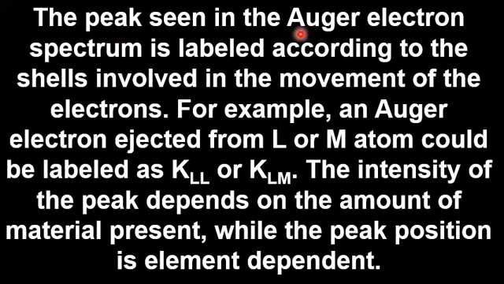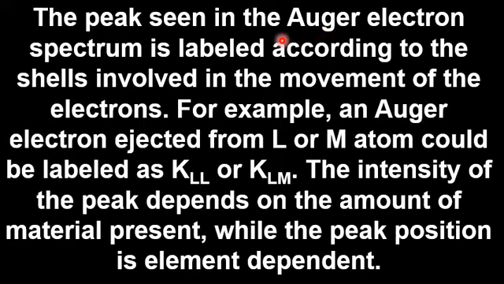Since you know that Auger electrons are produced or emitted due to transitions between the shells of the electron and their characteristic excess, which removes another, third electron from the shell.